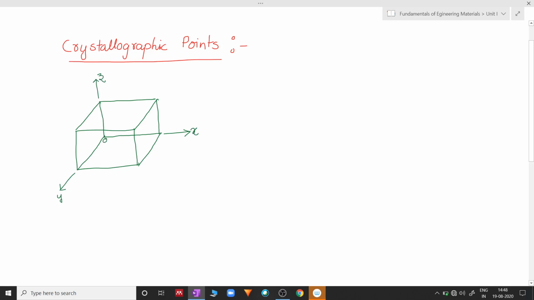This is the origin. Now consider the length of this unit cell in x direction is, let us say, 4 nanometers.